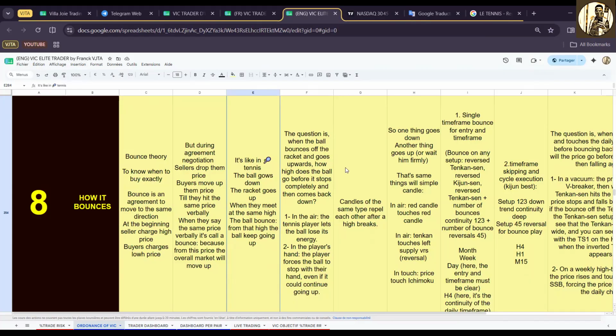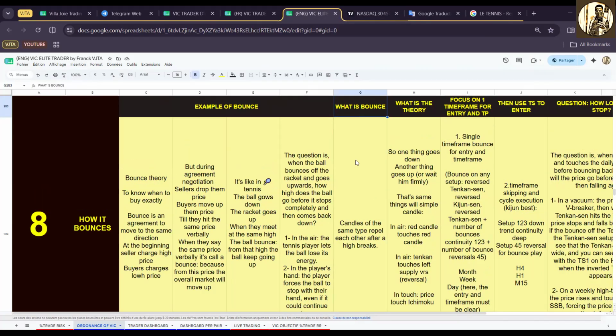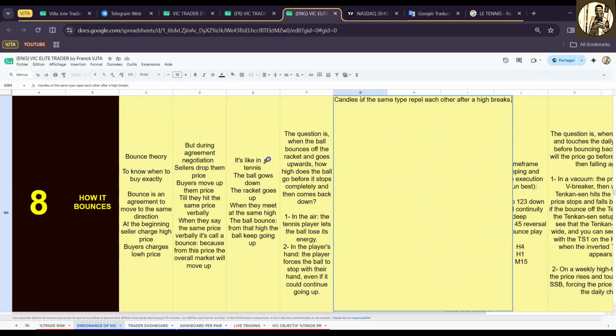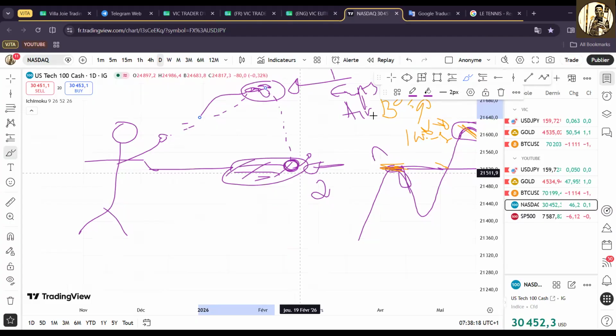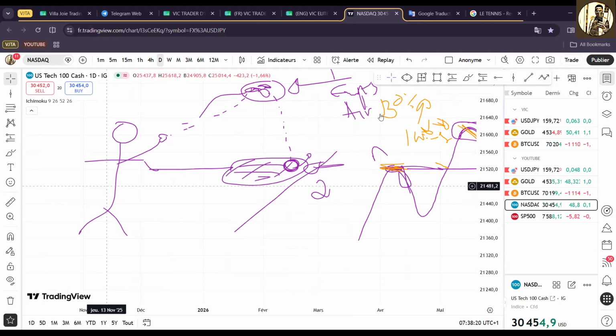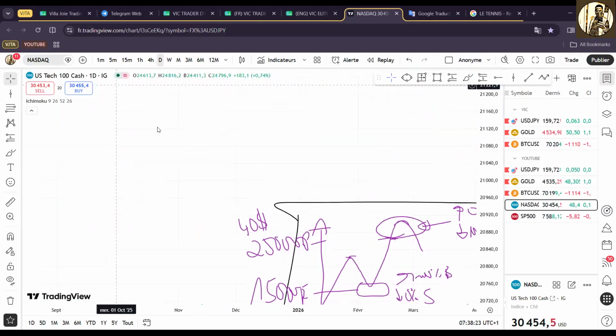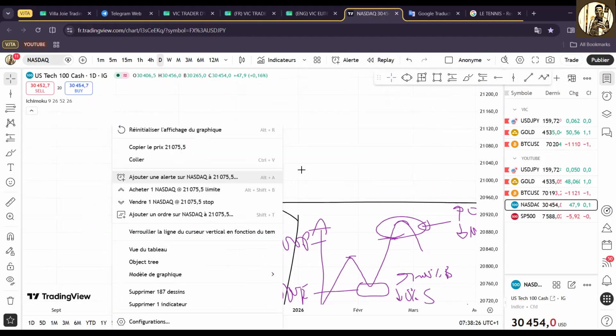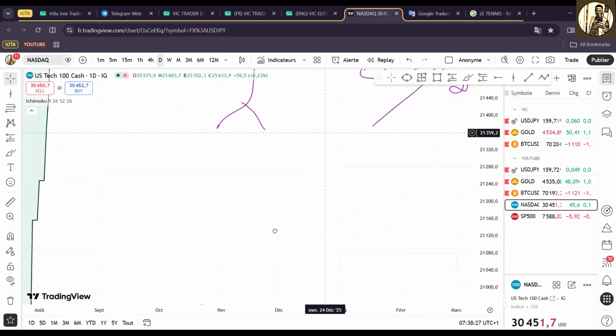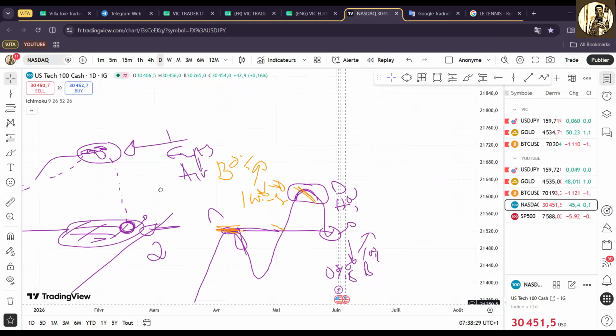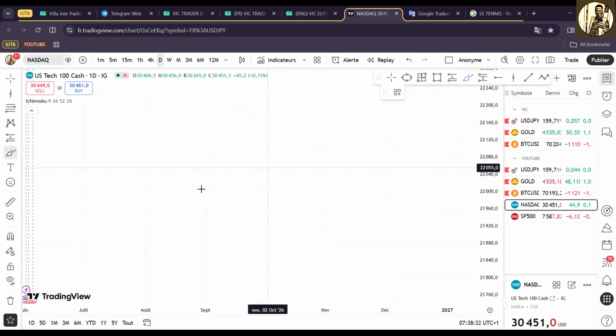Okay, anyway. So next thing, what is the bounce? The bounce is like the candles of the same type repel each other after a V breaker. So on the chart, on the graph directly, what is the V breaker?